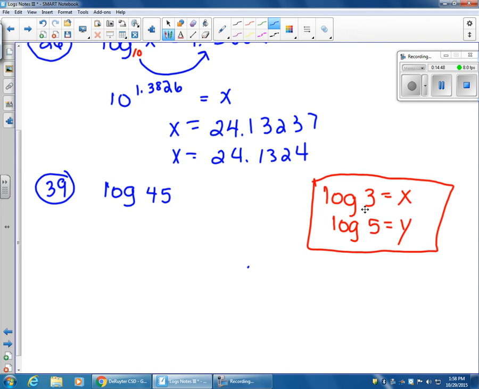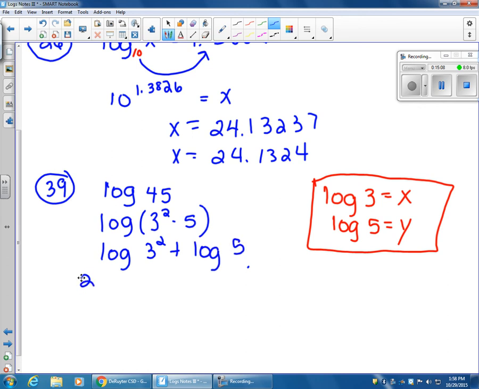So we have 45, we need to relate it to 3 and 5. Well, 9 times 5 is 45, and 3 squared is 9. So we can say this is log of 3 squared times 5. Use your rule of multiplication is addition, and your exponent comes out in front. Then you can make your substitution. Log 3 is x, so 2x. Log 5 is y, so plus y. And you're done.